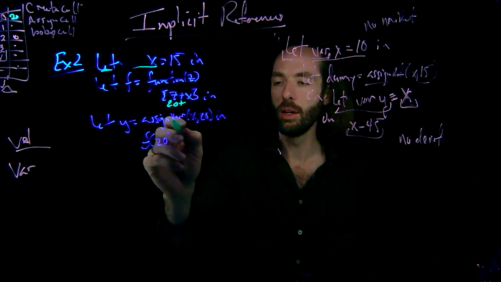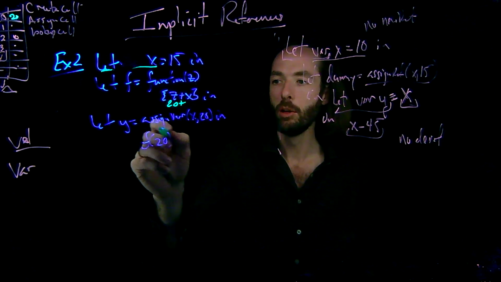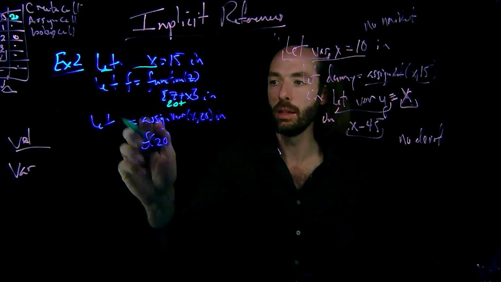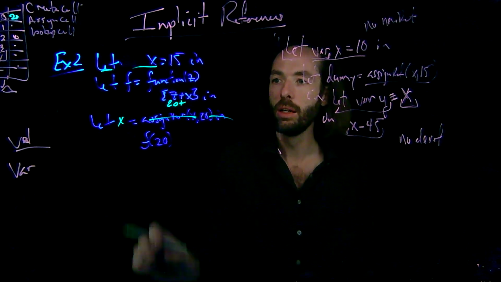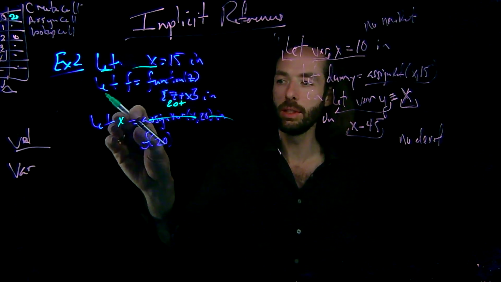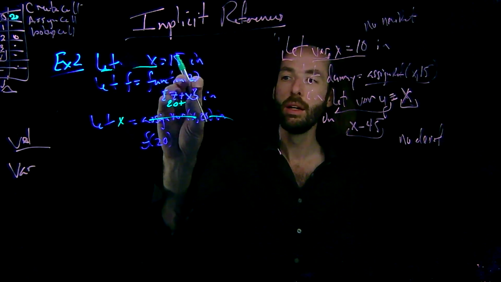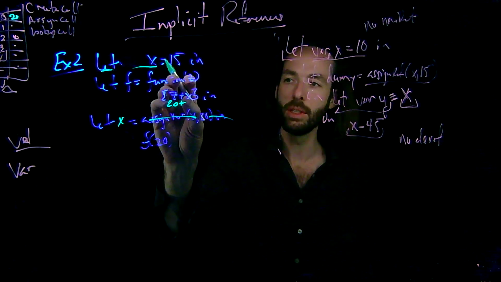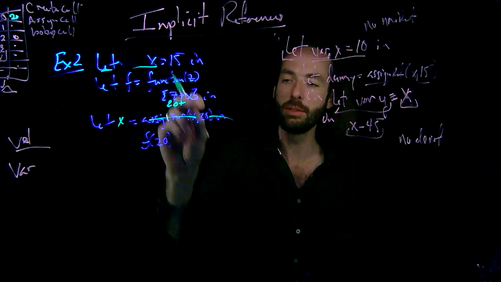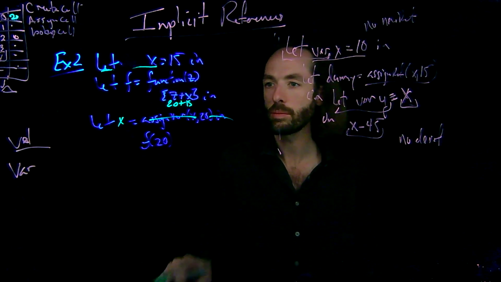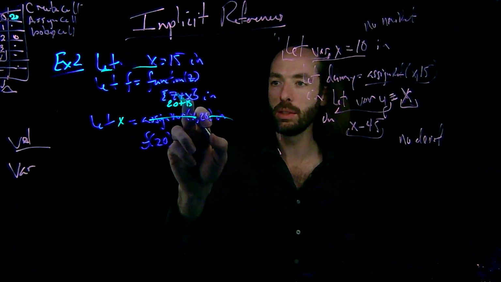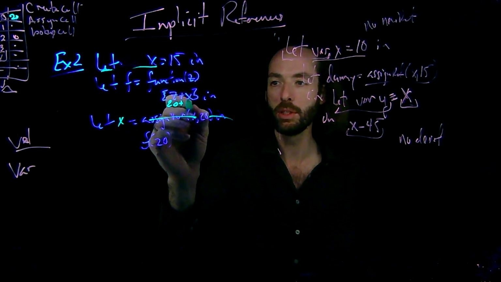And so, we can't quite do this assign var, but if we made a new x, let x equal 20 in f of 20, this x shadows that x. The x that got captured in the closure is the first x, so we'd end up with 20 plus 15, or 35.